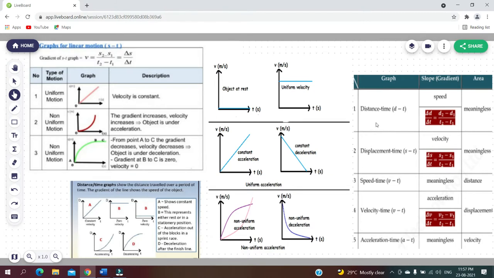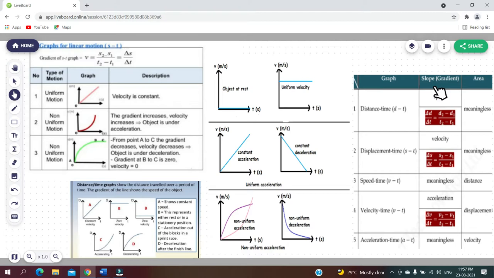How? When we study a distance time graph, the slope of a graph, slope is also called gradient, is equal to the measure on the y-axis divided by the measure on the x-axis.